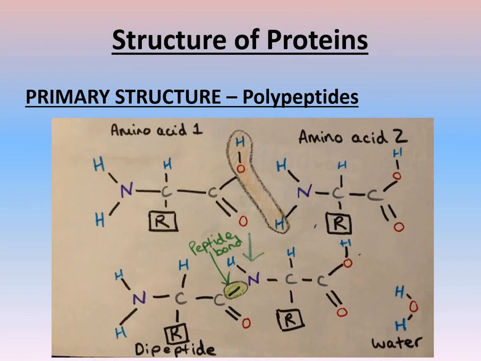So the OH from the carboxyl group and the H from the amine group is taken away to form a water molecule, and that is released from the reaction. And what you get is a peptide bond, which is formed between the C and the N. So that there is the peptide bond.